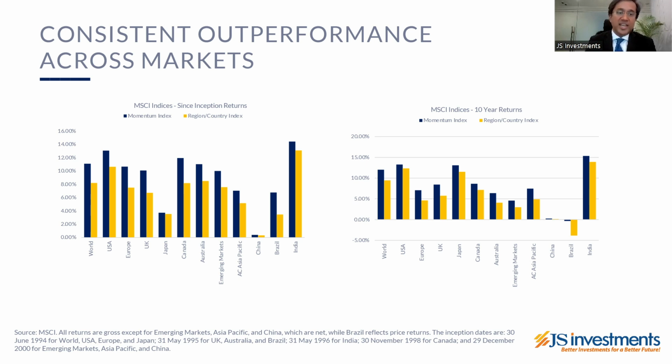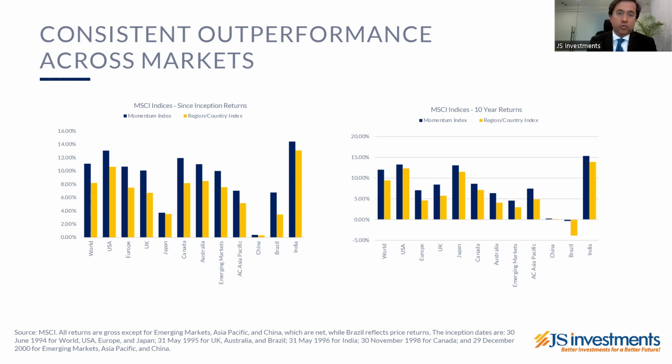The yellow bars represent the individual country or region's index, whereas the dark blue bars represent the momentum index. On a global scale, the momentum index has returned almost over 11% since inception, which was way back in 1994.